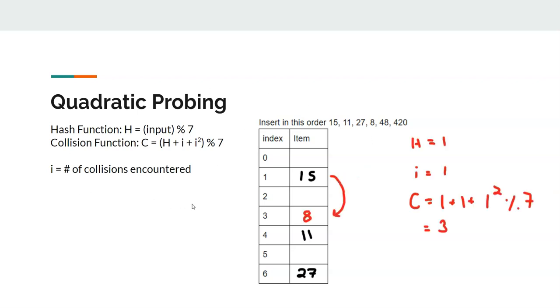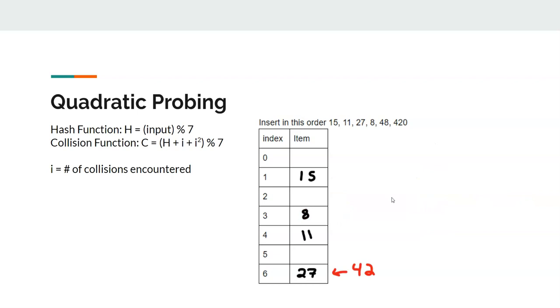Using our collision function over here, we take our original hash index, which is 1, and the number of collisions we had, which is also 1, and input into the function like so: 1 plus 1 squared, mod 7, and we get 3. And 3 is empty, so we simply insert 8 into the hash table.